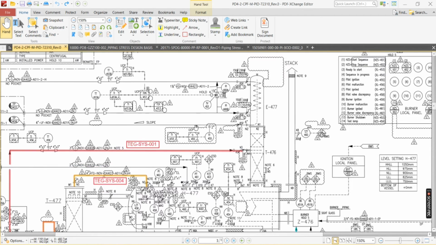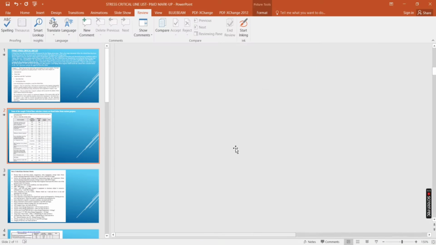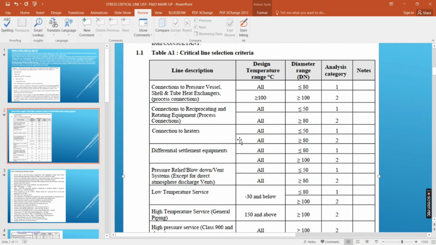Okay, so it is given like that. You see the temperature. So in this, you see temperature is above 100 and the line size is 4 inch or above.